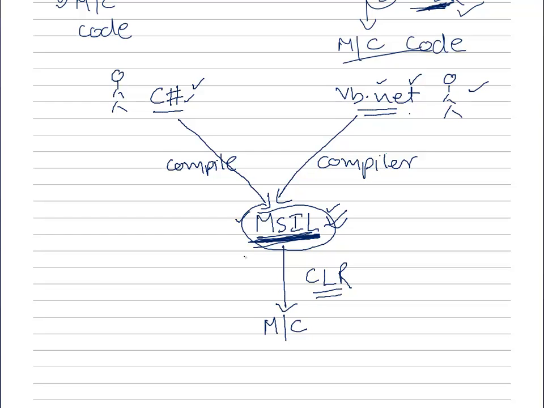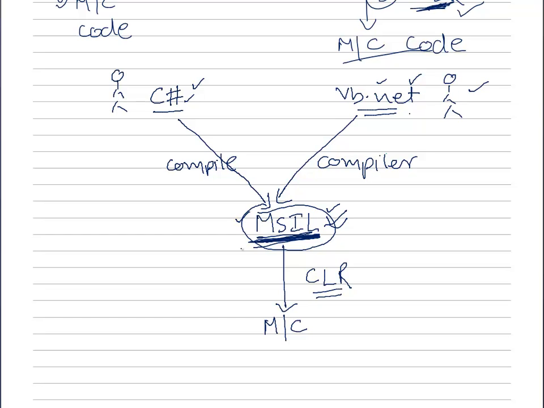So these are two very strong things that you get from a CLR. Number one, you can write your code once and you can target it for different machines. Number two, you can write a project in different programming languages, and it can then be compiled into an intermediate language, and the same CLR can easily run it on different platforms, right?